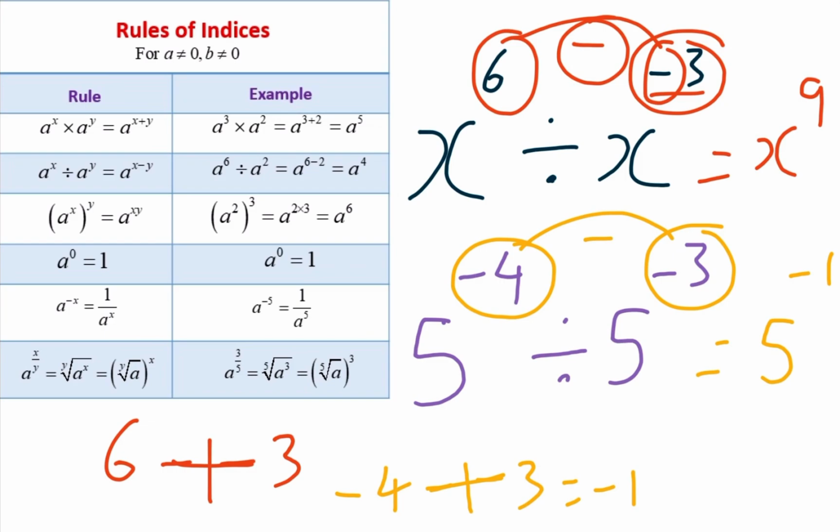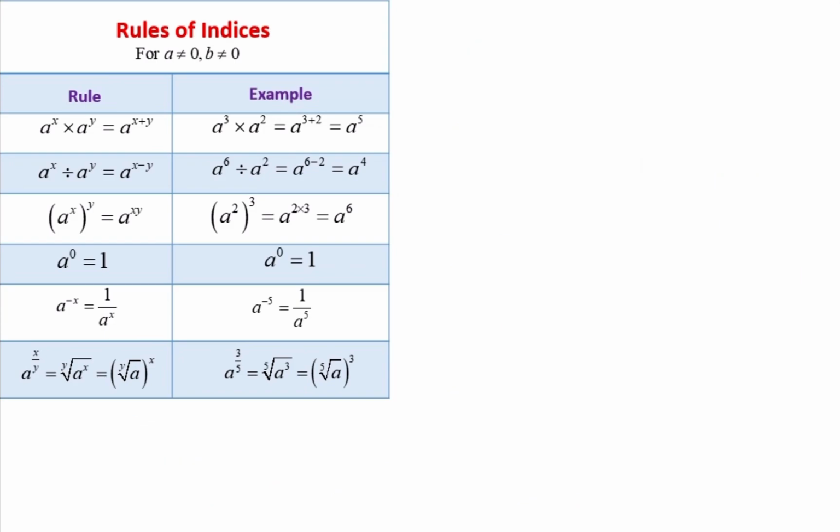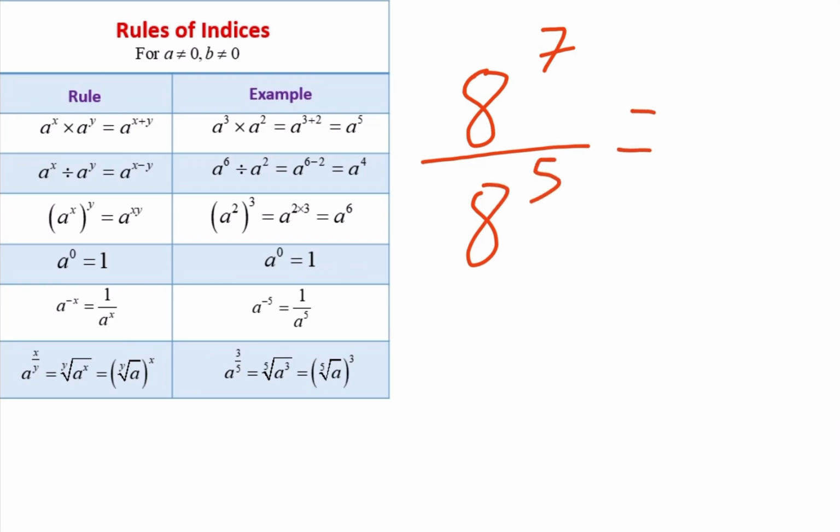You might see in the GCSE exam question where they sometimes write it like this. So we've got the fraction over here, so it looks like a fraction now, which is the division sign. Again, have a look at the bases.